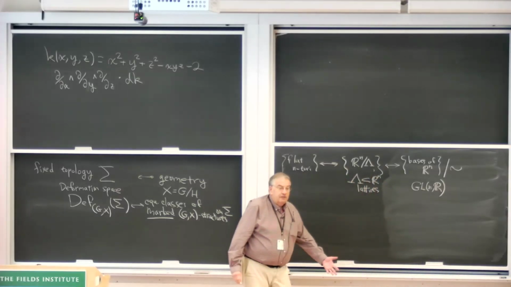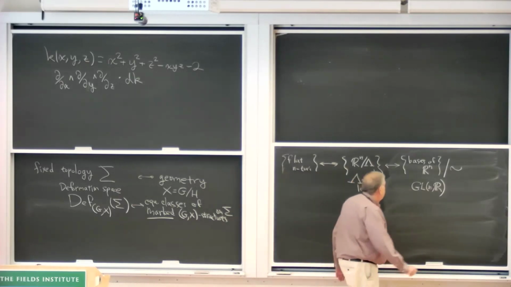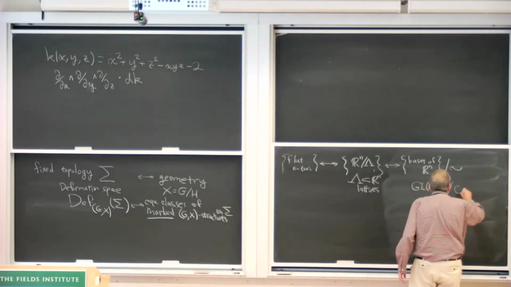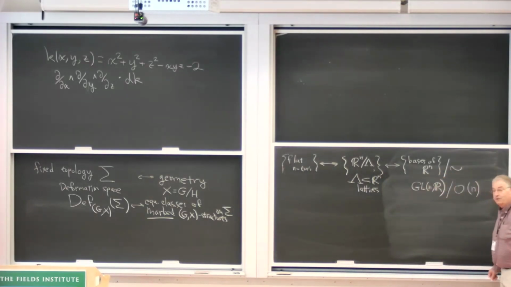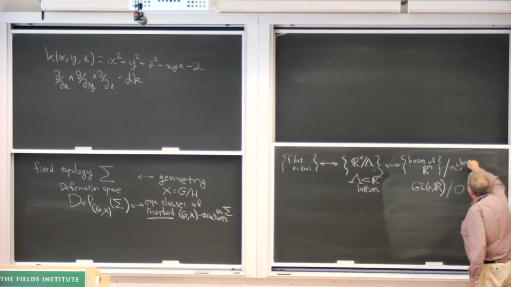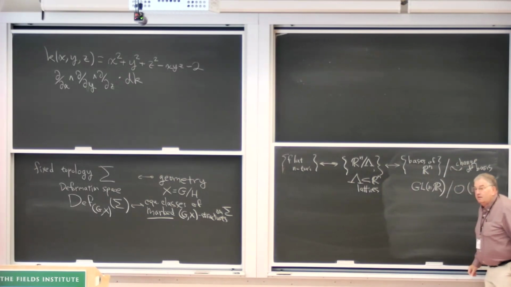Now, we're interested in isometry classes, so two bases should be equivalent if they're related by an orthogonal transformation. So we quotient by the orthogonal group, but then we also have to look at the equivalence relation of change of basis. This is the marking. The marking of the lattice is the basis.